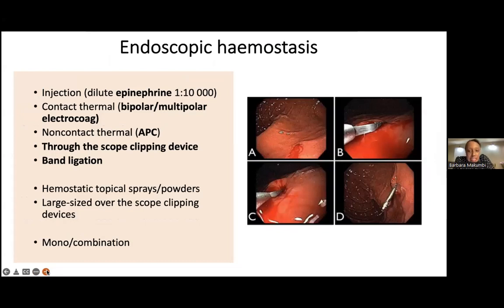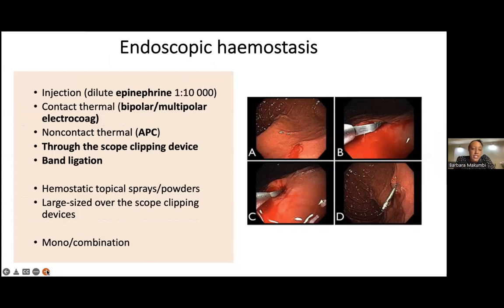Endoscopic hemostasis. So there are a number of options depending on the cause, depending on a lot of factors, that you can use to achieve hemostasis in a patient.